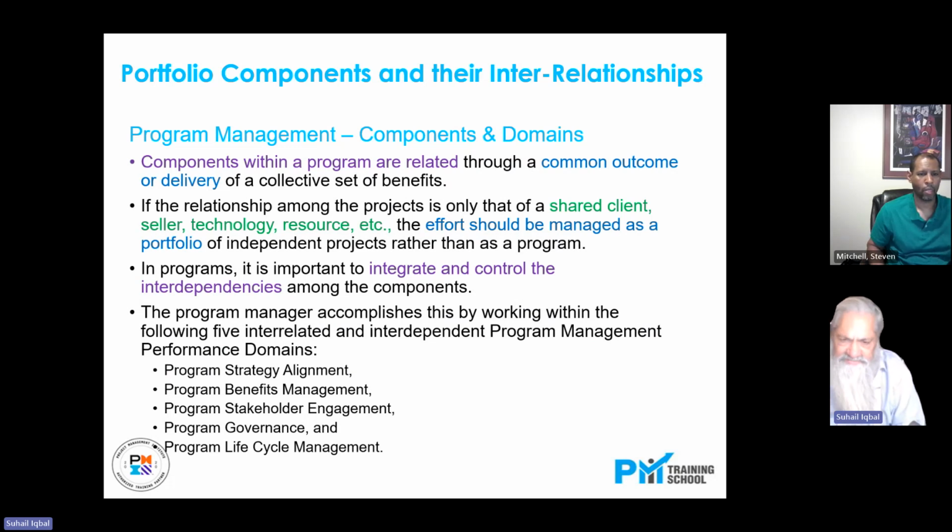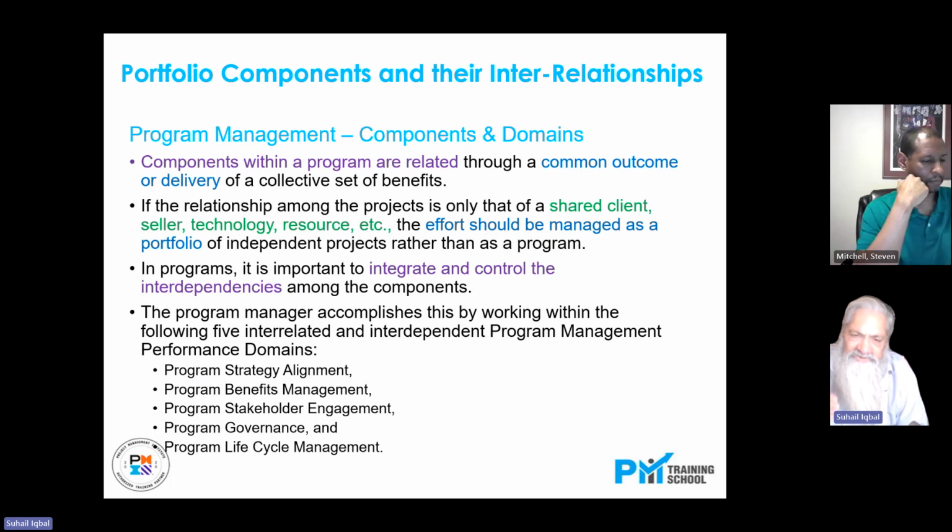Program has its own governance, right? Although many things are very similar, like stakeholder engagement is very similar to our stakeholder management in the portfolio, but program level stakeholders are engaged in the program. We do have strategy management in the portfolio; they have strategy alignment, right?